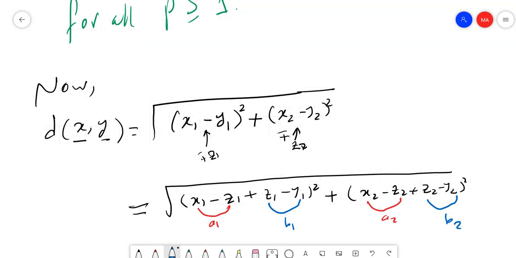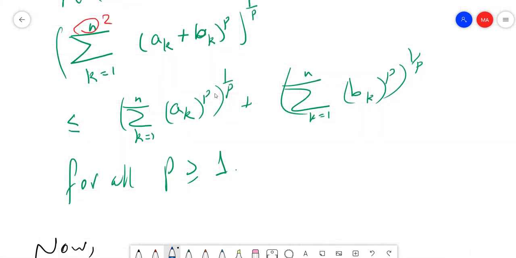So by the above inequality, the index is from 1 to n, which is 2 in our case, and p is also 2 in our case.